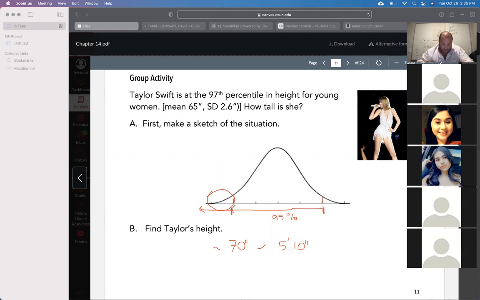2.5. Excellent. So this area here is 2.5%, which means if we add the 2.5% and the 95%, we get 97.5%. So she's actually not quite at that second deviation mark. She's tall, but she's still within 2 deviations of the mean.